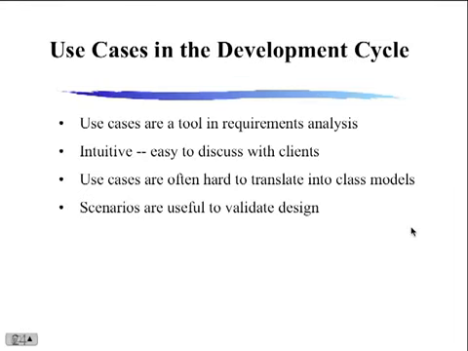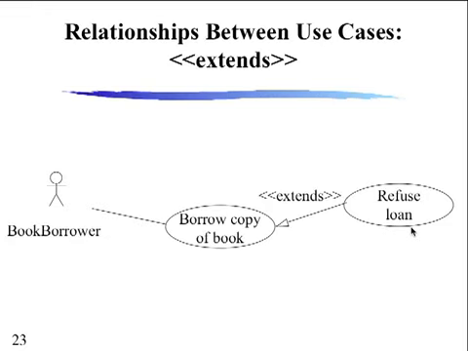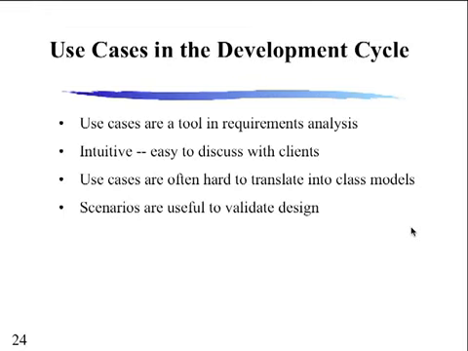So in terms of the development cycle, the use cases are actually important because they're used in a lot of different areas. They can be used right from the beginning to solicit a requirement, to figure out what we want to do with the system, and then also communicate the requirements back to the user.